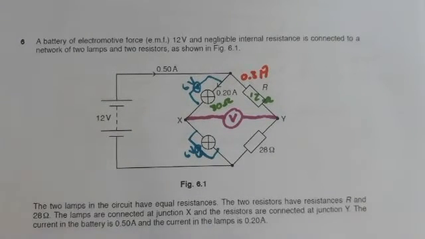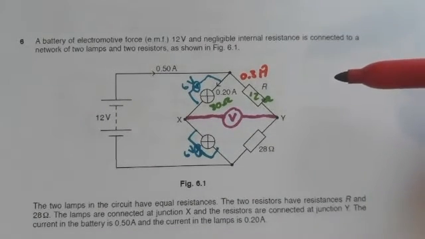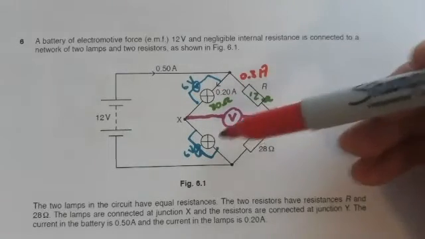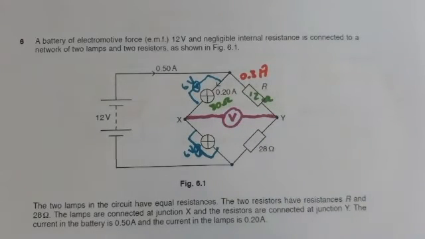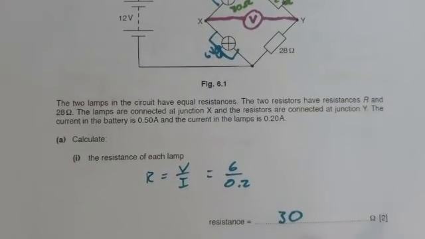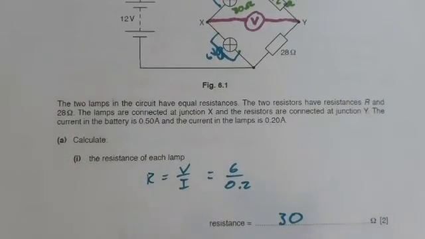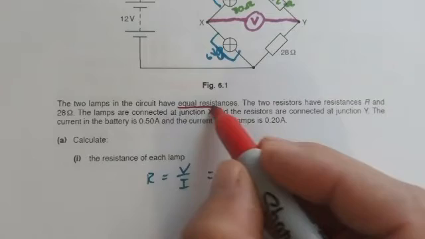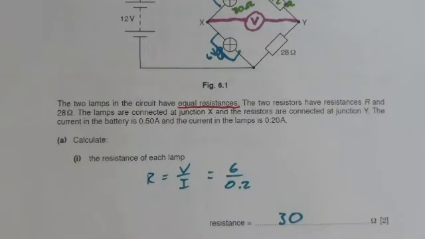A battery with an EMF of 12 volt and a negligible internal resistance is connected to a network of 2 lamps. So there's my 2 lamps. Do they say identical lamps? And 2 resistances are shown. Yeah, they do. They say the 2 lamps have an equal resistance. They could have said identical.